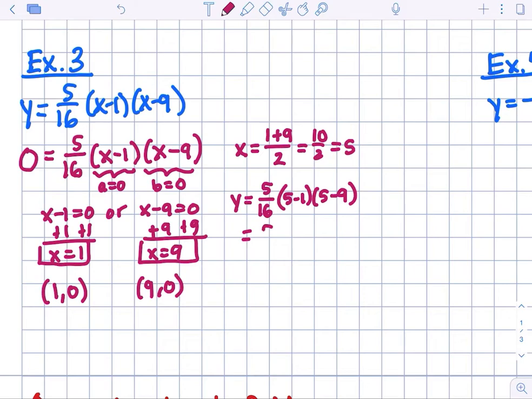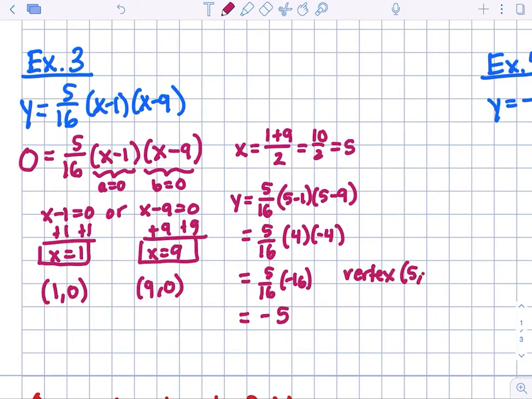This is going to equal 5 over 16, 4, and negative 4, which is 5 over 16 times negative 16, which is simply negative 5. So then we have our vertex finally of (5, negative 5).